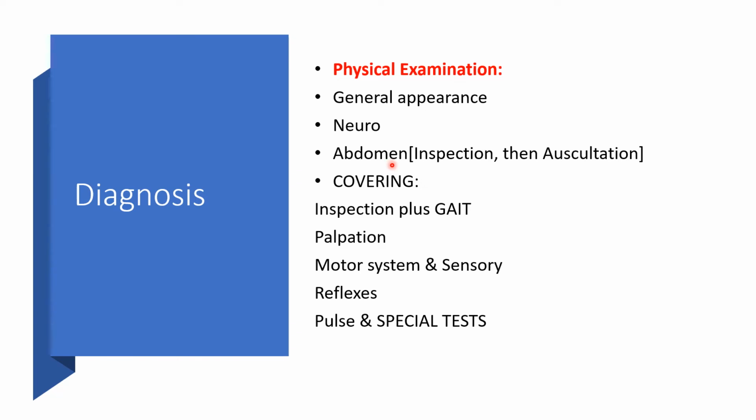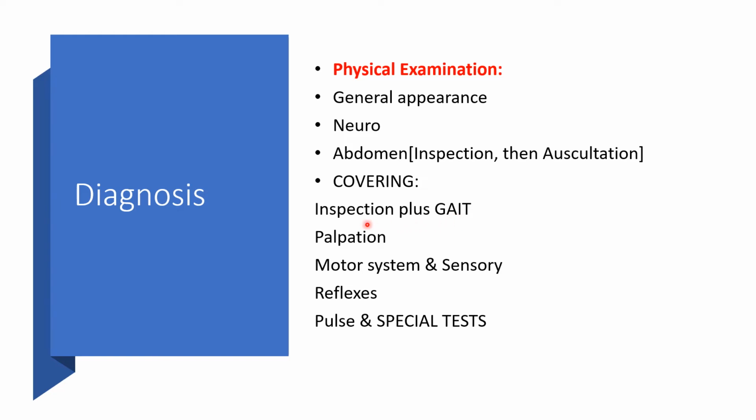When it comes to examination of the abdomen, we will inspect and move straight to auscultation before doing the rest, percussion and palpation. So we will be going through inspection, including gait. Tell the patient to walk to the door, walk back. Then any orthopedic examination, we have to do gait.